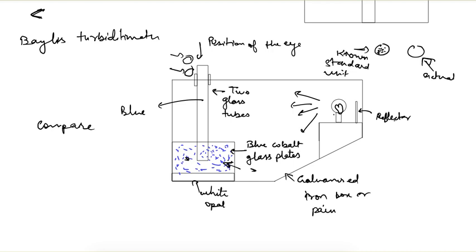If it is not the same, you can bring another tube of standard unit and compare it with the sample. By comparison we can see if the turbidity is matching or not. As it matches, we get our turbidity using this sample.